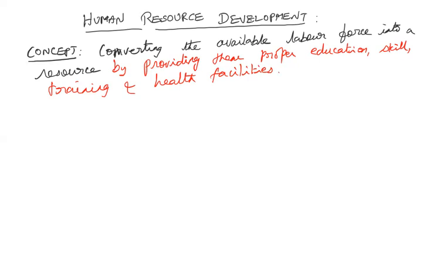Okay. So the importance of human resource development, it's understandable, isn't it? The labor force will be more productive. To give an example regarding this importance, there was an empirical observation, a survey conducted in the American manufacturing industry.